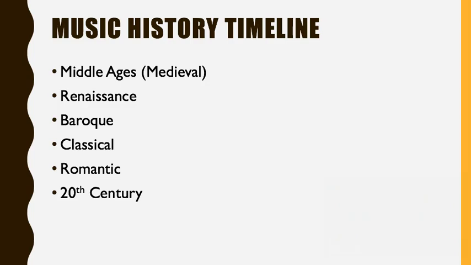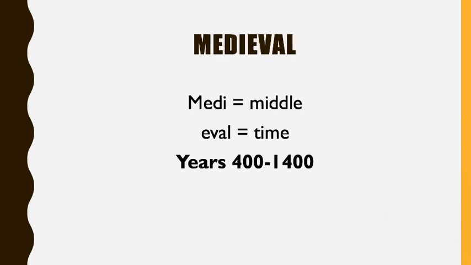We'll start with the Middle Ages and move through the Renaissance, Baroque, Classical, Romantic, and then the 20th century, and then we'll finish out the semester talking about popular music. We're not actually going to spend that much time talking about the Middle Ages or the Renaissance, but they're a great place to start and apply our understanding of the 8 elements of music.